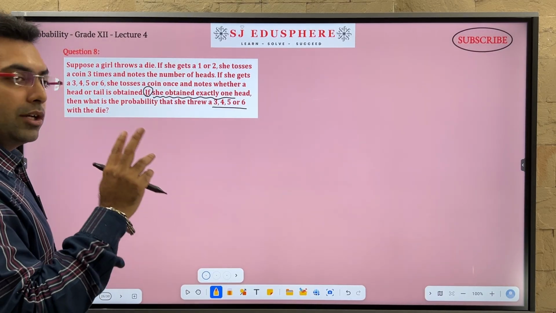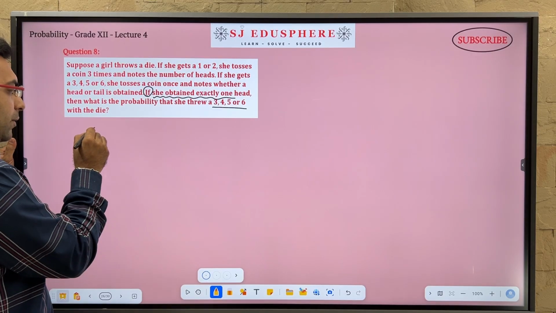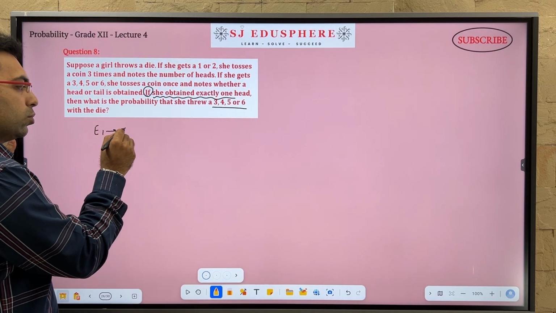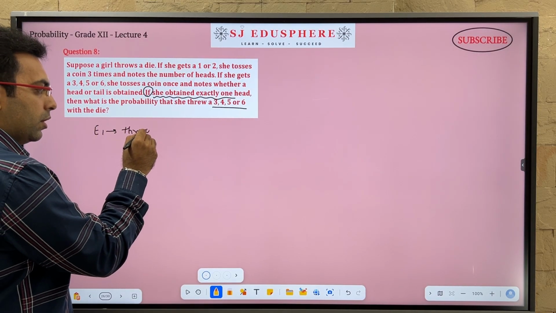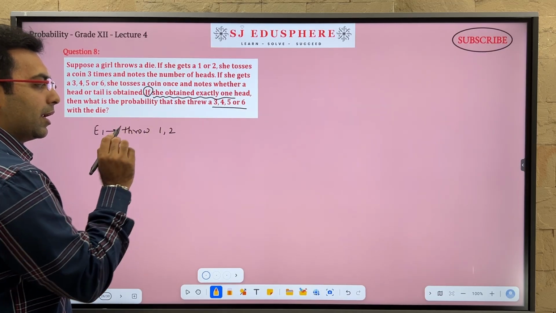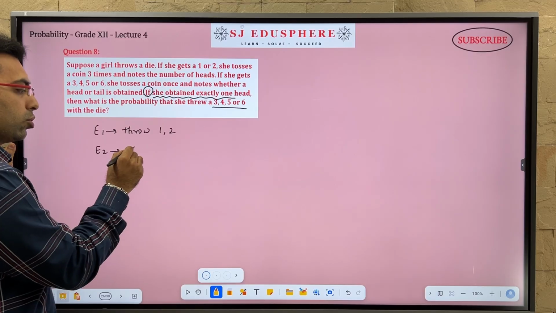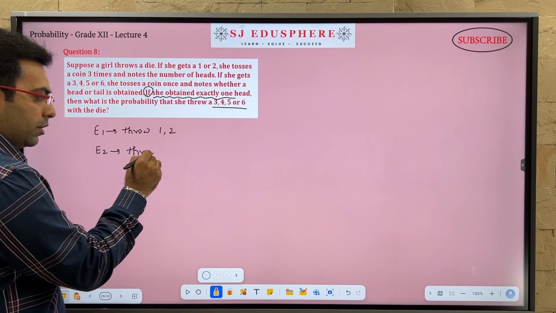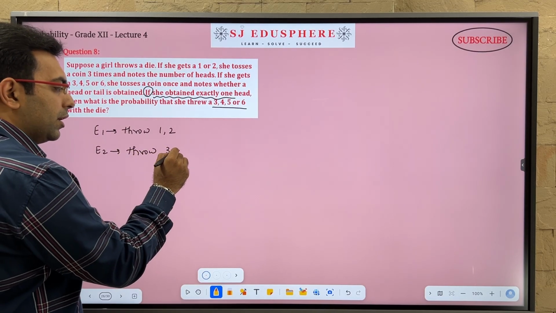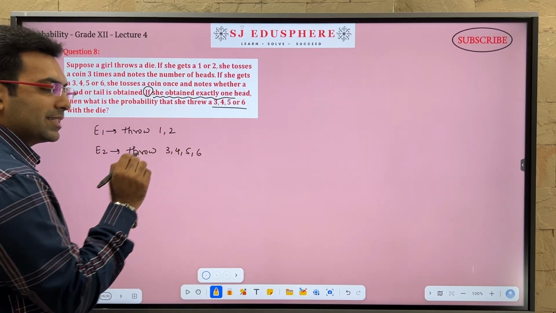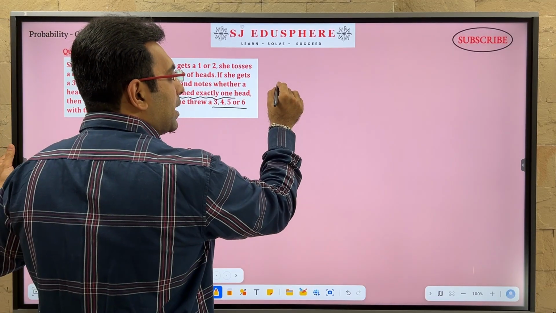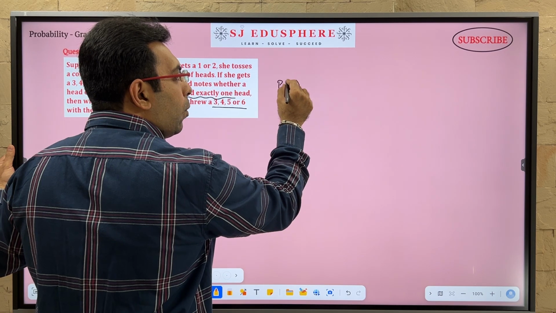Please understand, 2 possibilities. E1, you throw a die and get the number 1 or 2. E2, you throw a die and get the number 3, 4, 5, 6. What is my probability of getting 1 and 2?